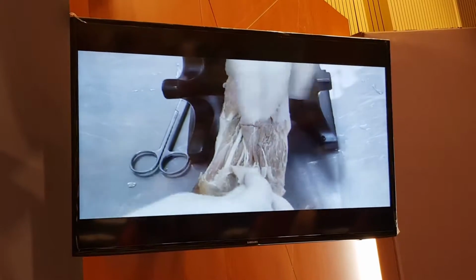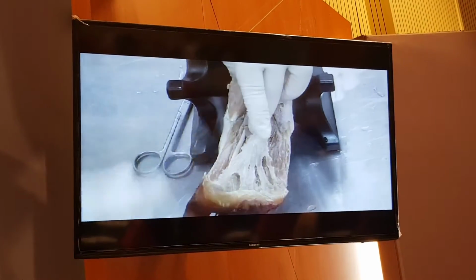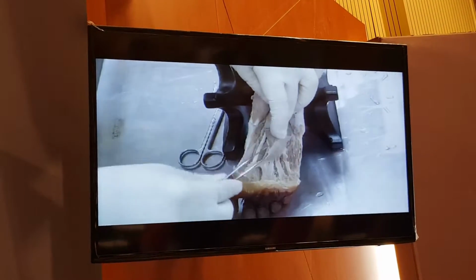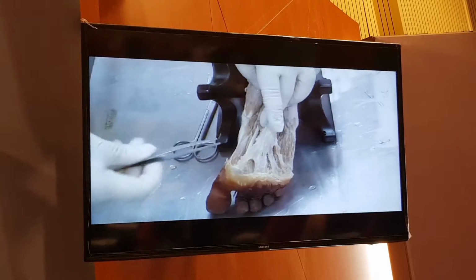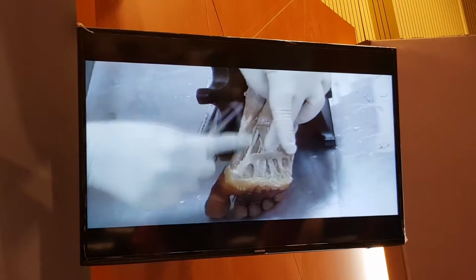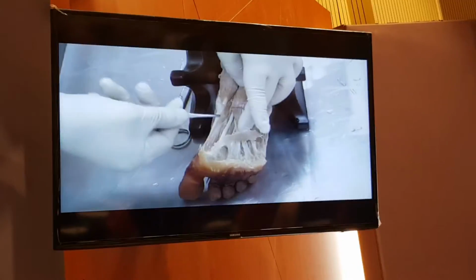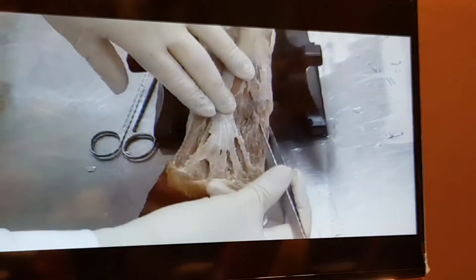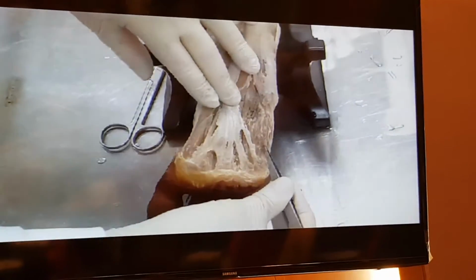You can see the first layer of the muscle. This is the big toe, this side is the little toe, this is the medial side. The first layer muscle is the abductor hallucis muscle. Then on the lateral side, the abductor digiti minimi muscle is there.